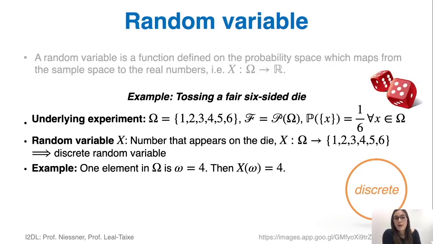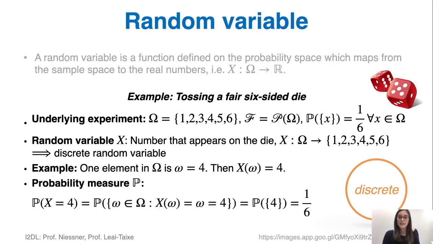The symbol here, w, is called the small omega. If we choose the small omega, one element in our big omega set, for example to be equal to 4, then X of omega would be 4, because it's kind of the identity function. We look at what our die is showing us. It's showing us the number 4, so the outcome of our random variable is 4.